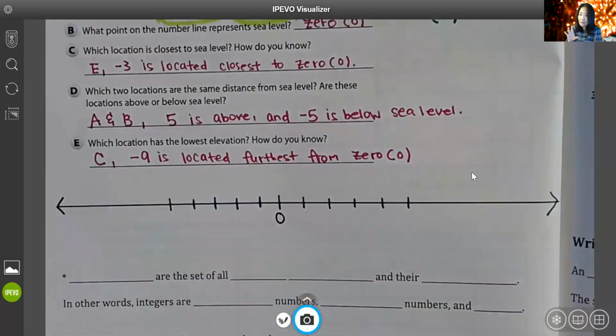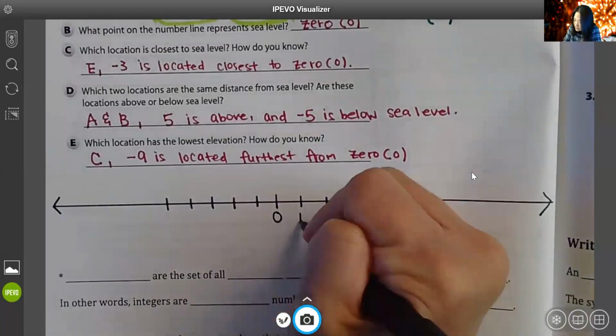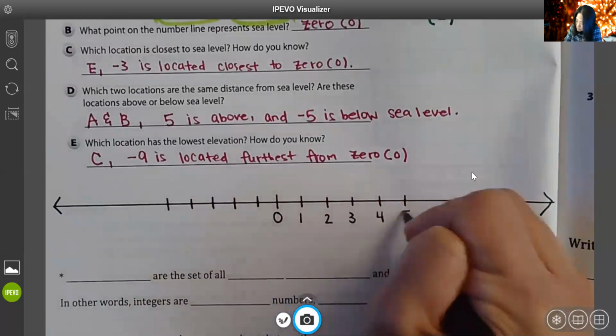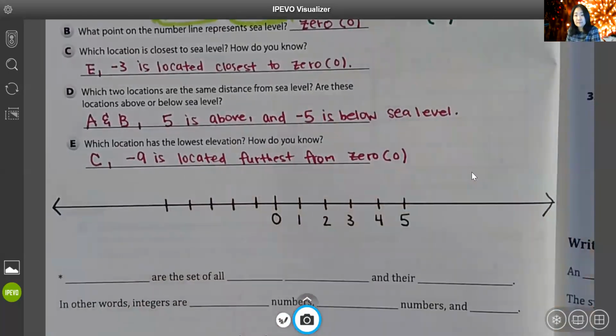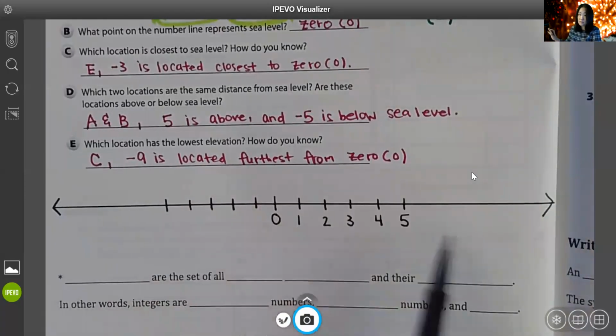All right, so now here is 0. Now I'm going to label the positive numbers, which are 1, 2, 3, 4, 5. The positive numbers next to 0 go in that order, 1, 2, 3, 4, 5, and so forth. These are also called natural numbers or counting numbers.